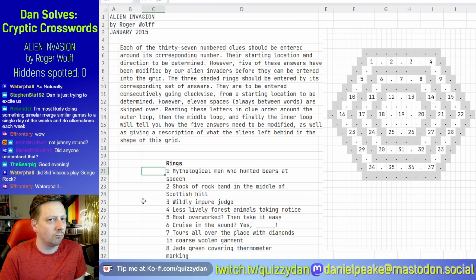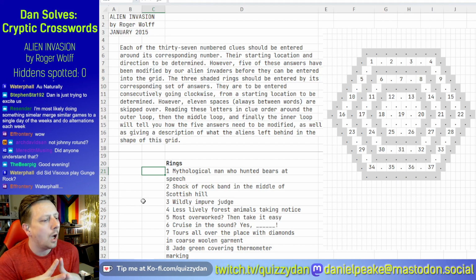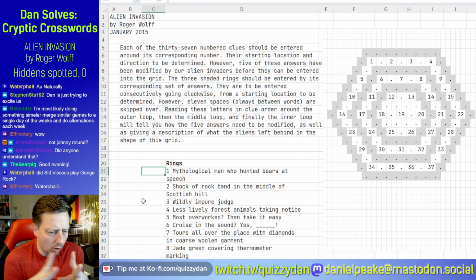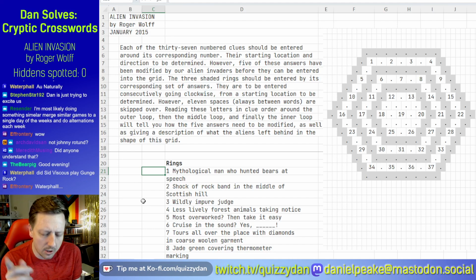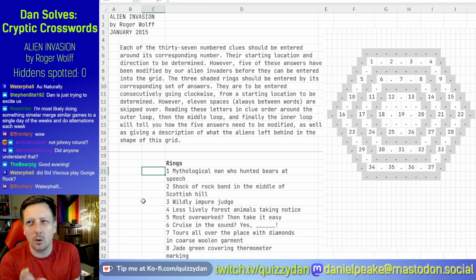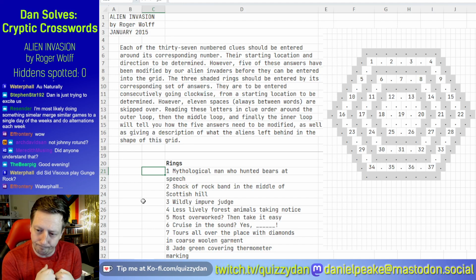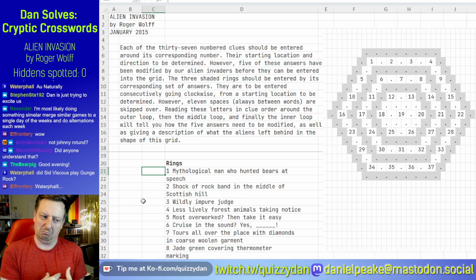If it's a Scottish hill, it's a Ben, like Ben Nevis. So a three-letter rock band, maybe AC/DC, or a four-letter one, because there might be a shenanigan in Ben. So a shock of rock.